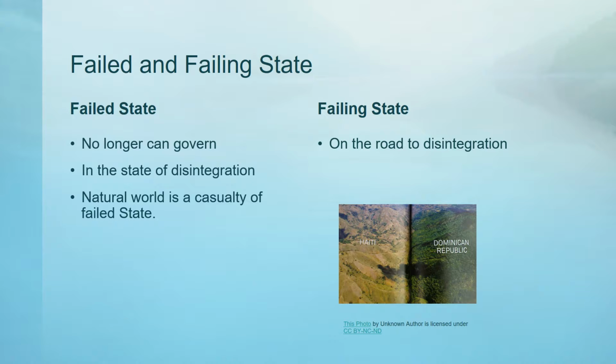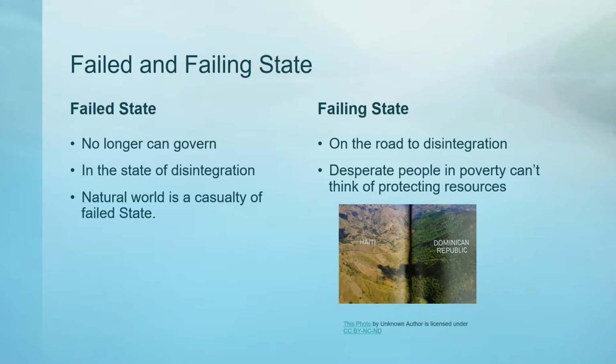When you're drowning, you're thrashing about, and that's the casualty of this failed state, that the natural world gets trashed. And, same island, right next to each other, but a whole different approach and implications of a failed state versus one that still functions.